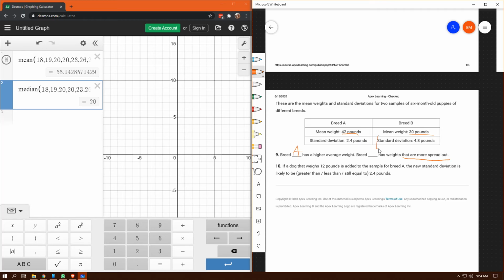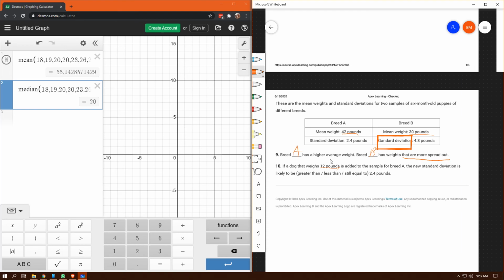Remember that our standard deviation is the average distance from the mean. So it is discussing spread. If we have a 4.8, that would make it more spread out, meaning the data is further away. So breed B has weights that are more spread out. If a dog weighs 12 pounds and is added to the sample for breed A, we just added a small outlier.